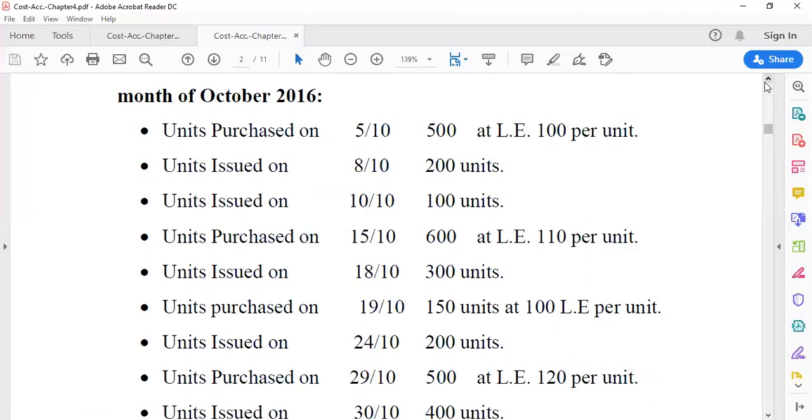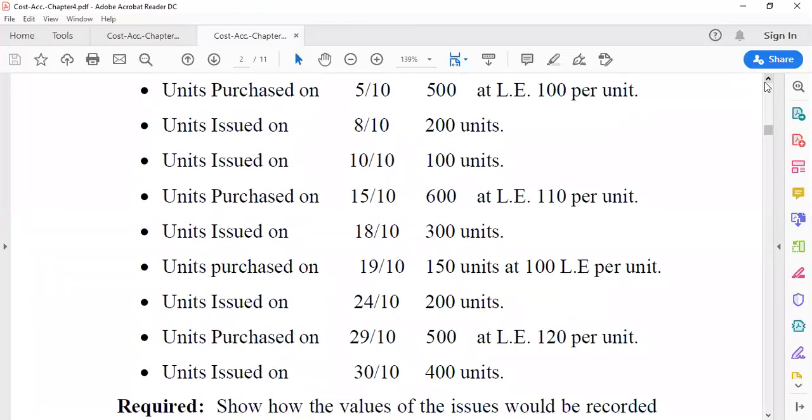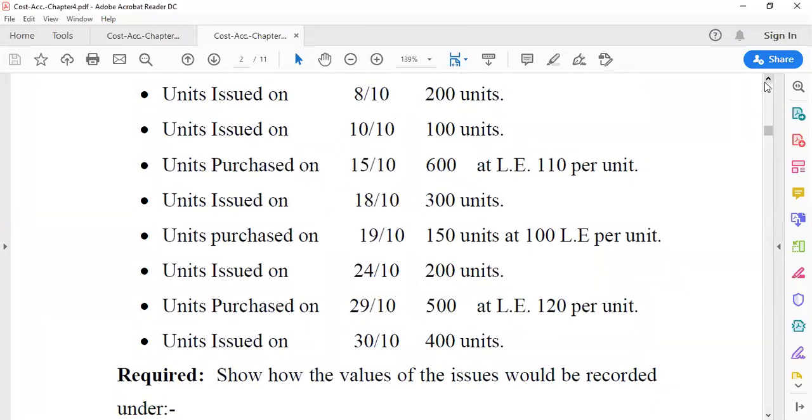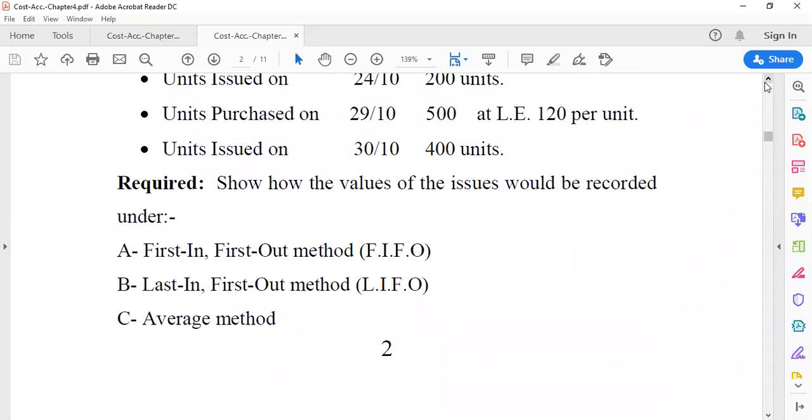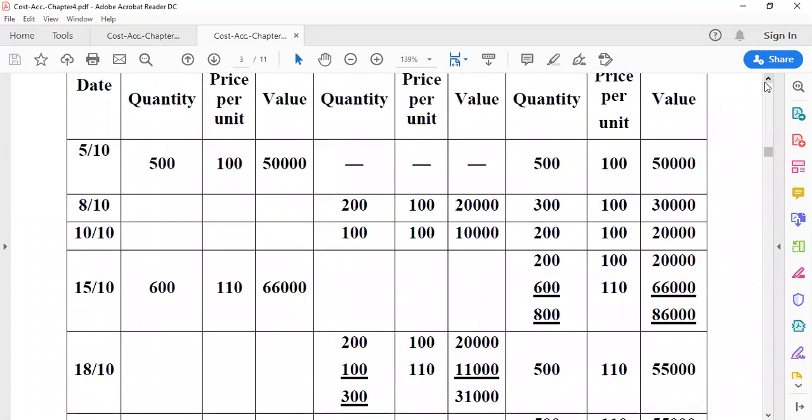So I will go back to our schedule and put our new issued units. We have 100 units issued at the price of 100 LE, because this is the only price that we have until now, so the value is 10,000 LE.